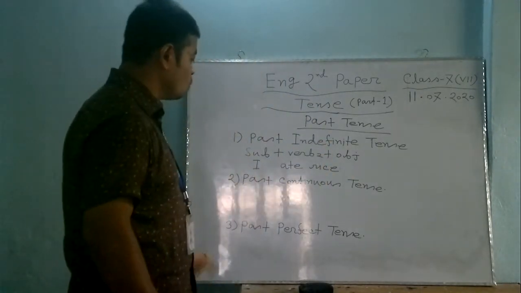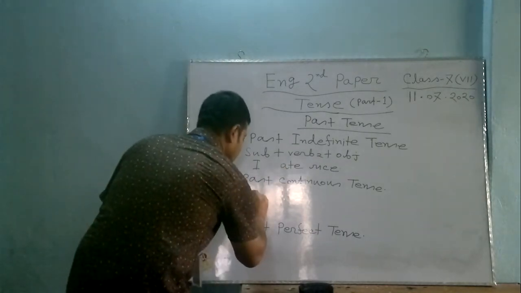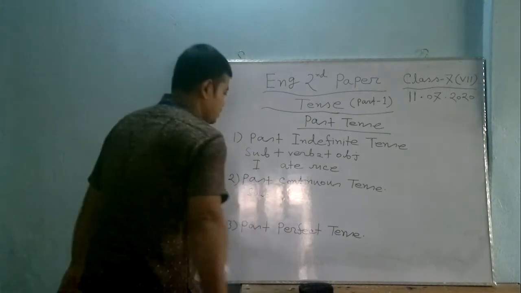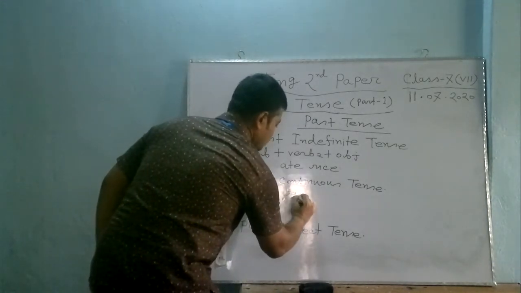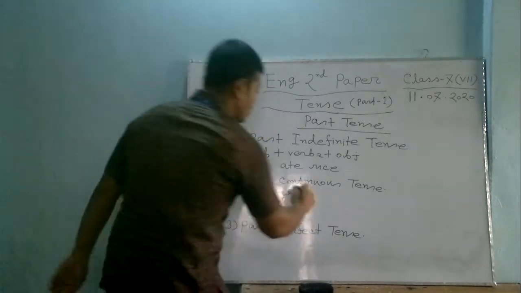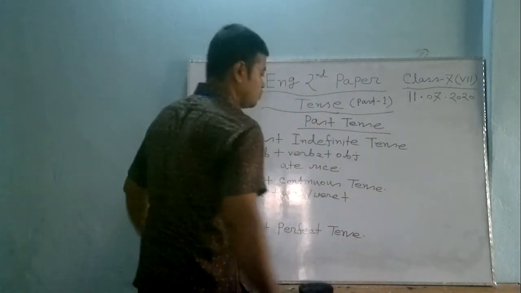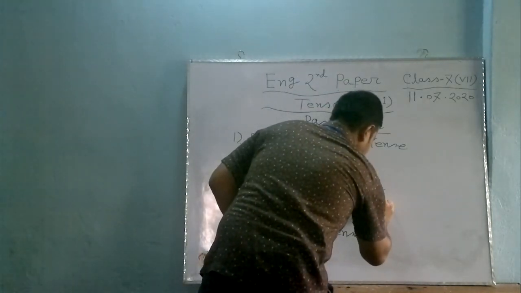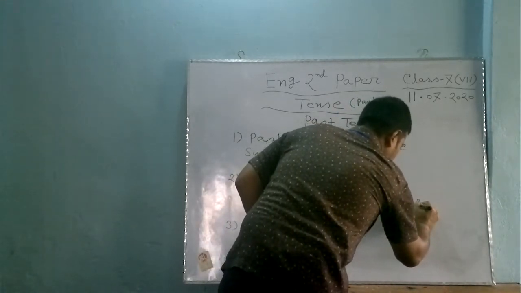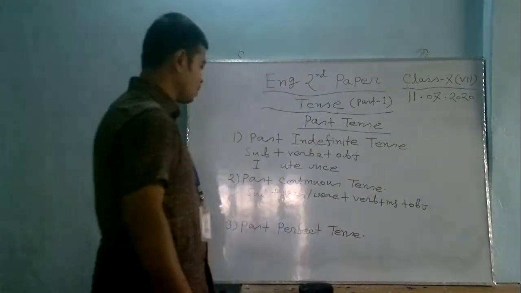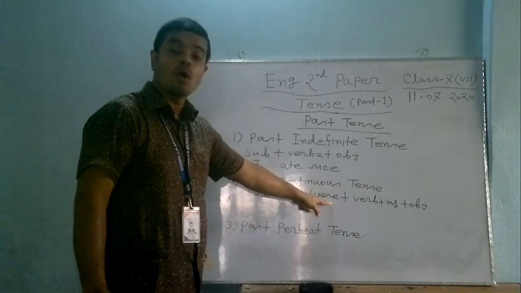Now we want to go to past continuous tense. The structure is subject plus auxiliary verbs such as was or were, then verb plus ing plus object. First we write the subject, then we use was or were, these two auxiliary verbs.